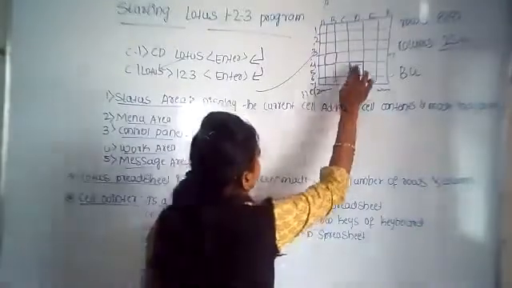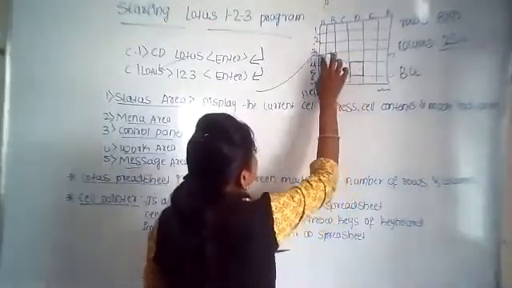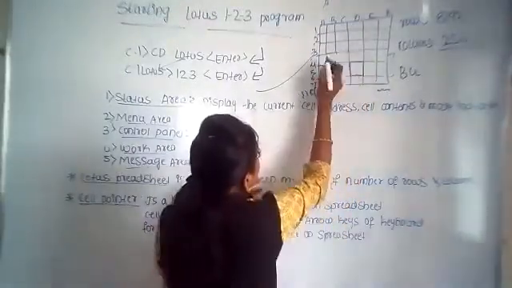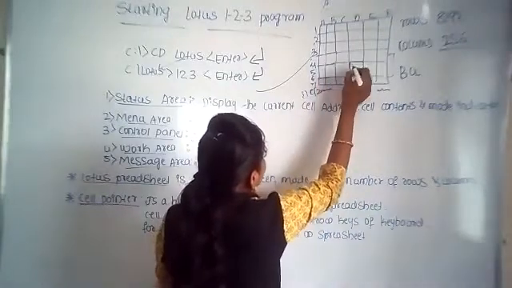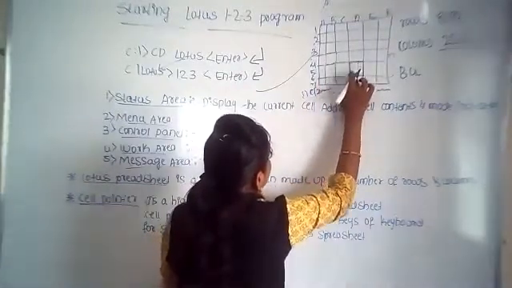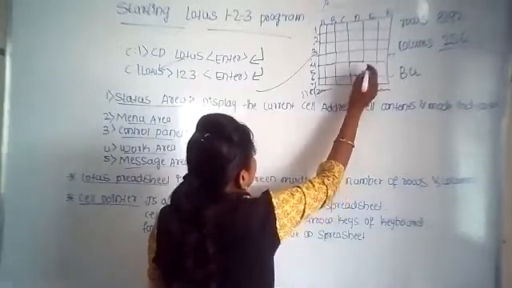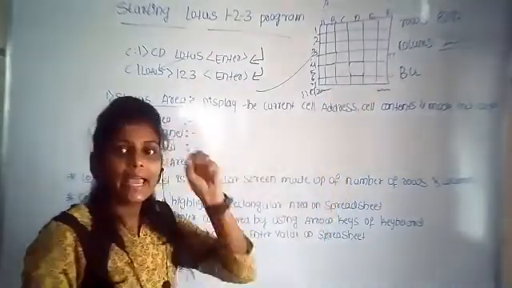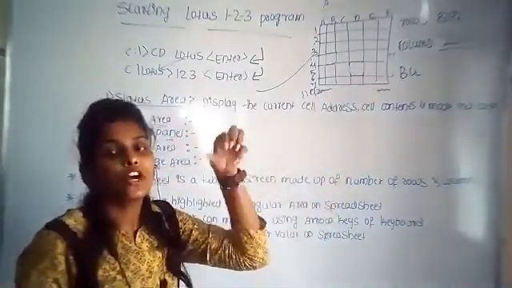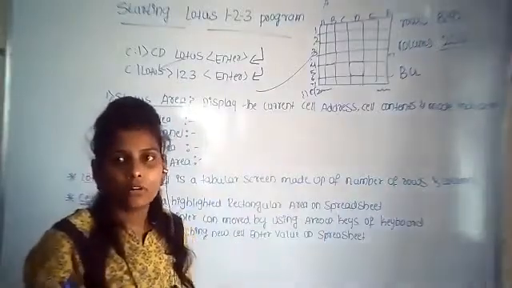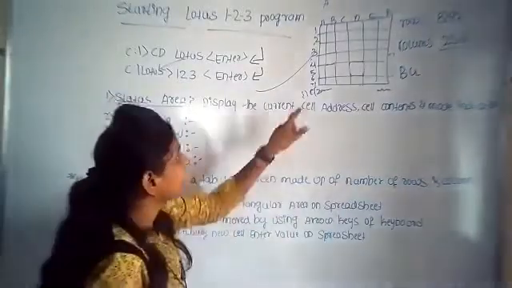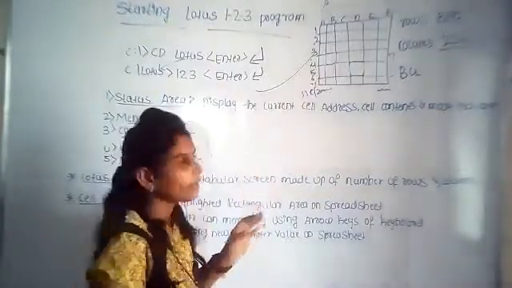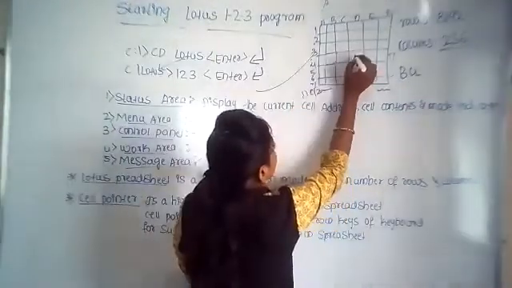Okay. Take one example here. There are many cells in this spreadsheet. Assume that I enter with the help of a mouse or any keyboard key, I enter in any location. Assume that I enter here.